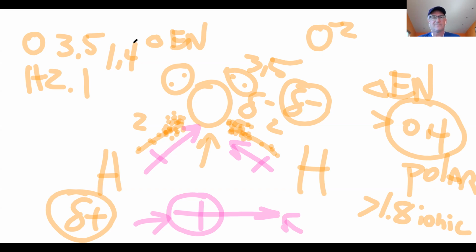Who's taken physics? Who can tell me what a vector is? A vector is a quantity that has a magnitude and a direction. Yeah, exactly. It's a number that's associated with a direction, and that's what these are.